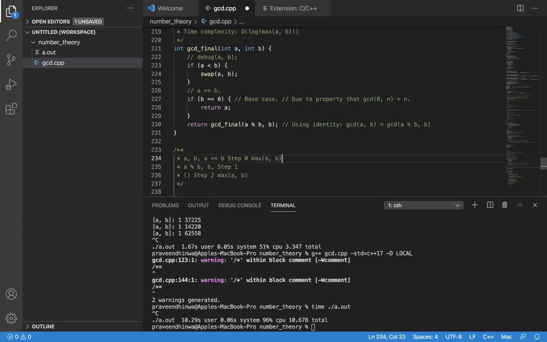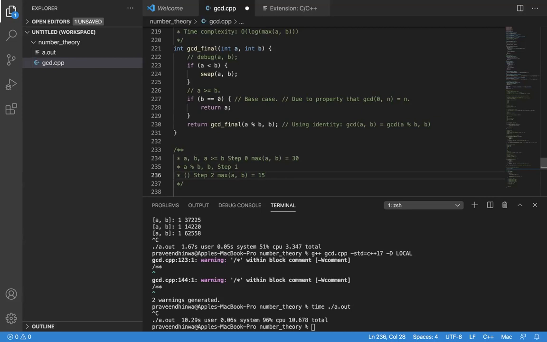So suppose A comma B was, let's say, 100 here, then you can guarantee that in this next step it would be 50. It cannot be larger than half. So in two steps the maximum value of A comma B gets down by half.